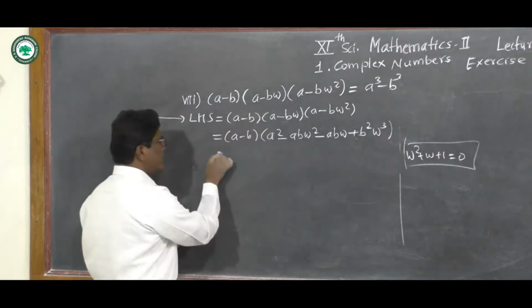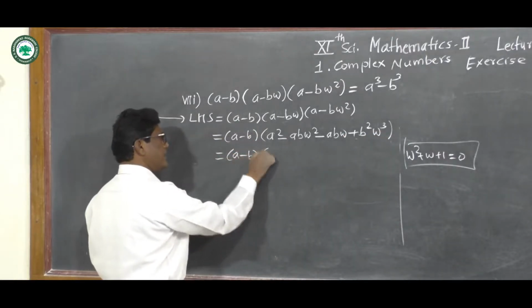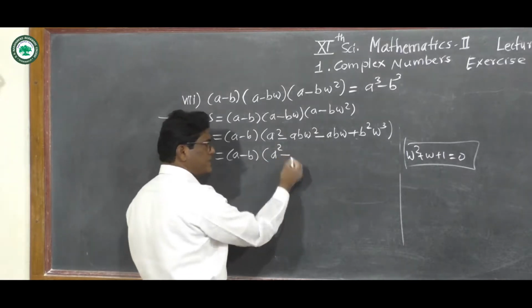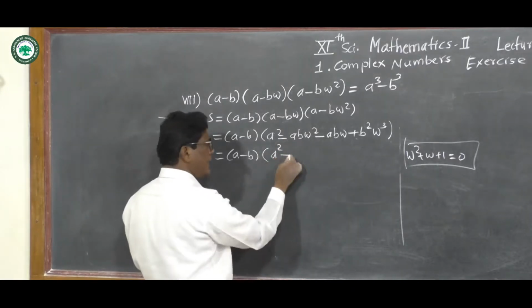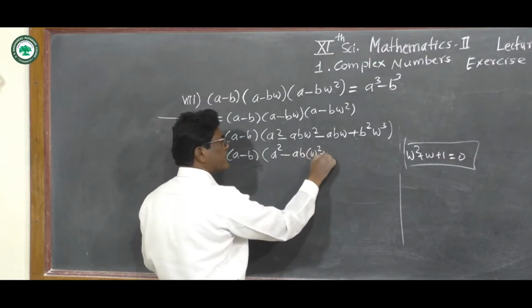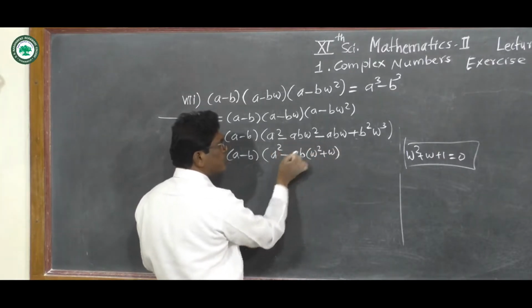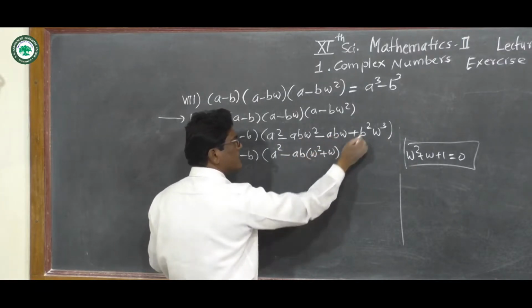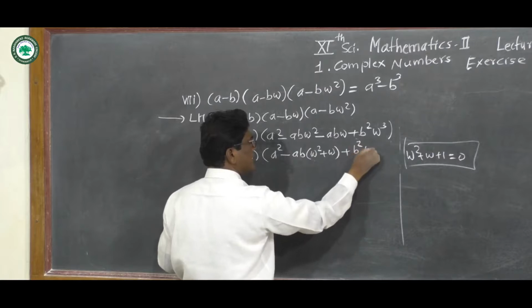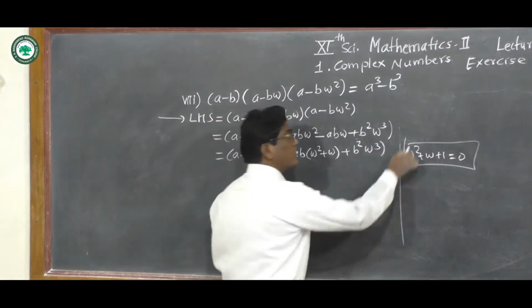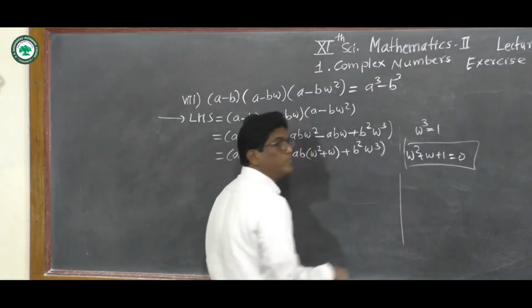Okay. So here it is equal to a minus b. In the second bracket, this a square as it is, here we take minus sign common, also ab common, in the bracket omega square plus omega, plus b square as it is into omega cube. Now since omega is a complex cube root of unity, we know that omega cube is equal to 1.